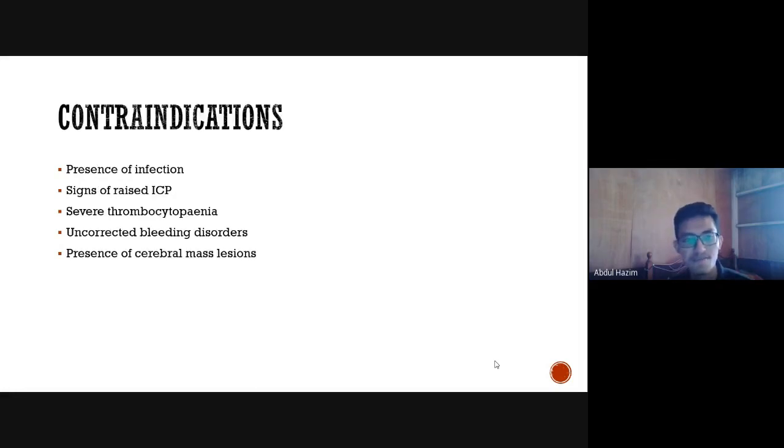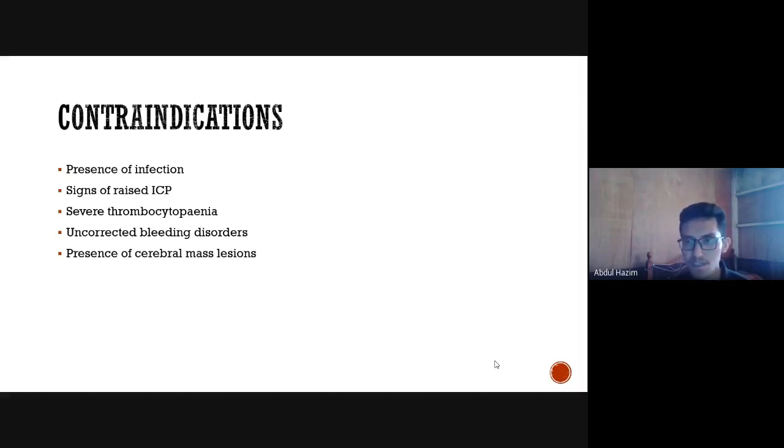Okay, next. So for the contraindications, lumbar puncture is contraindicated when there is presence of infection at the site of the puncture, and also in patients with signs of raised intracranial pressure, because it can increase the risk of cerebral herniation.